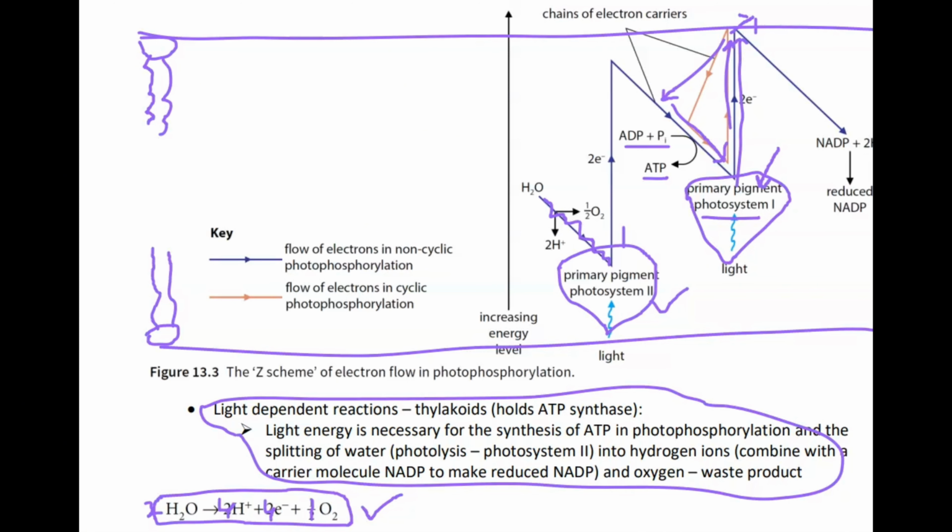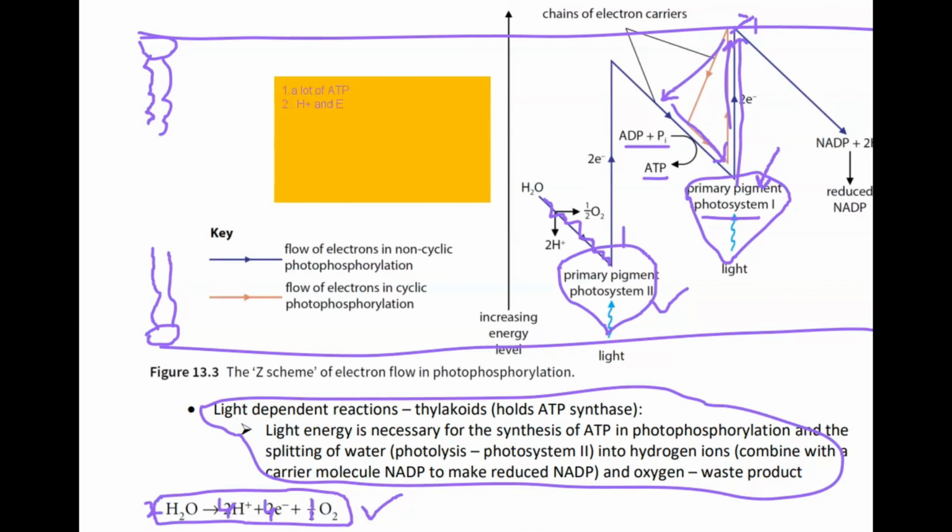So if we see chemiosmosis and the light dependent reaction, the total products: number one, a lot of ATP molecules are being produced by cyclic photophosphorylation or non-cyclic photophosphorylation. Then number two, protons and electrons.